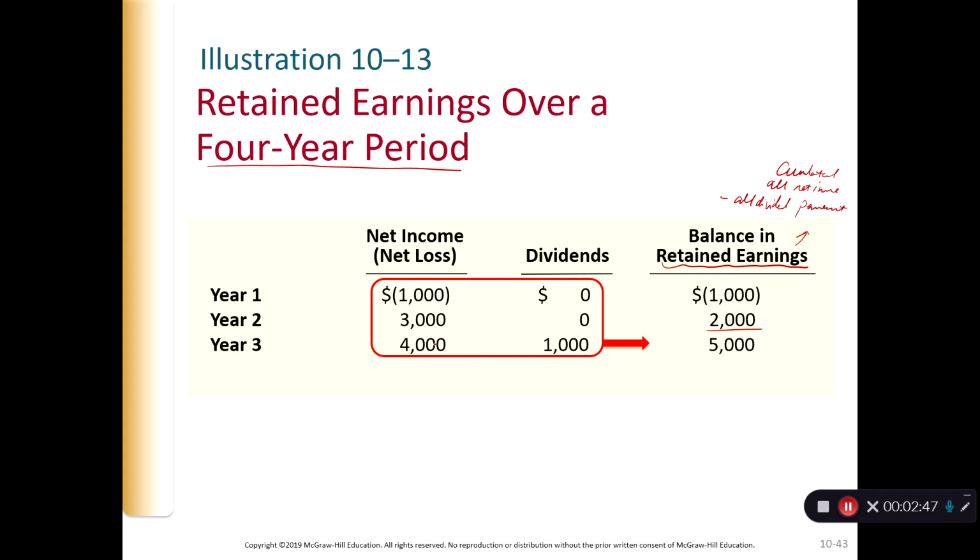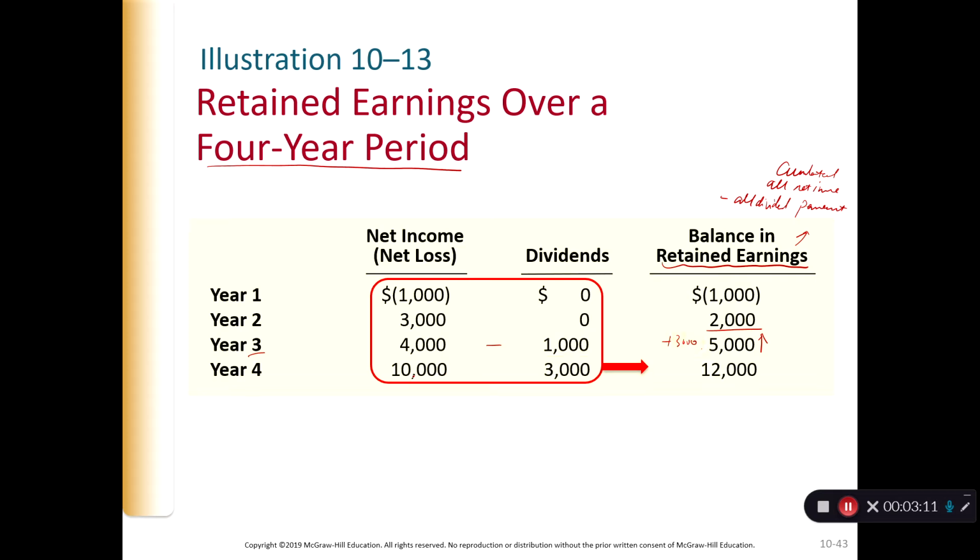In the third year, you made $4,000, but before you retained it, you distributed $1,000. Hence, it only left $3,000 for year 3 earnings minus the dividend. Hence, the retained earnings account just grows from $2,000 to $5,000 because you add $3,000 here, right?